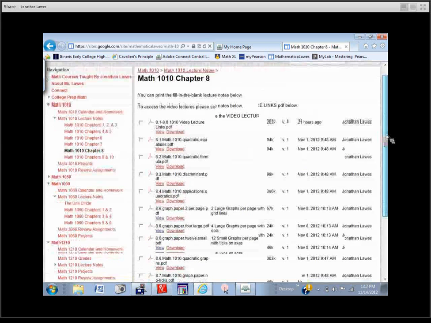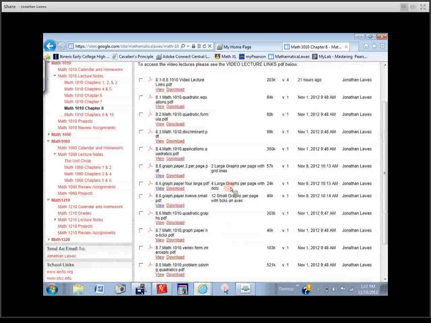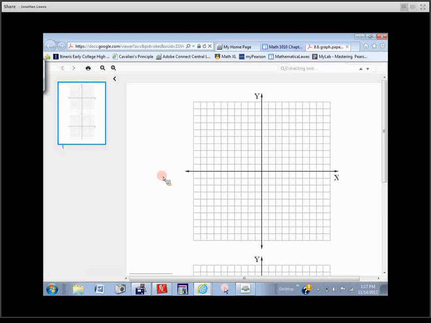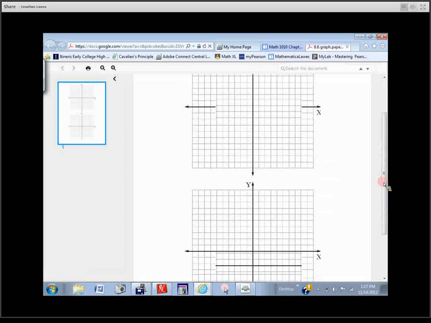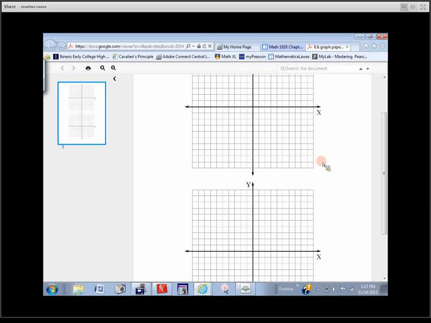And 2 big ones, 4 big ones, 12 of them. This one actually is probably the best. It's only, I think, 10 by 10. For most of the problems, that would be enough. It's got nice grid lines on it. That one's pretty good. There are some without tick marks on there, I believe. Okay?